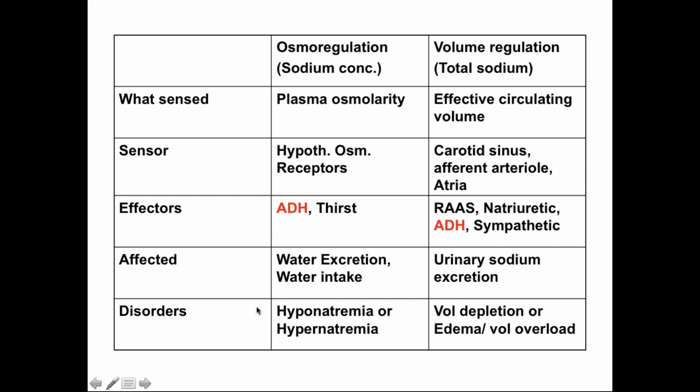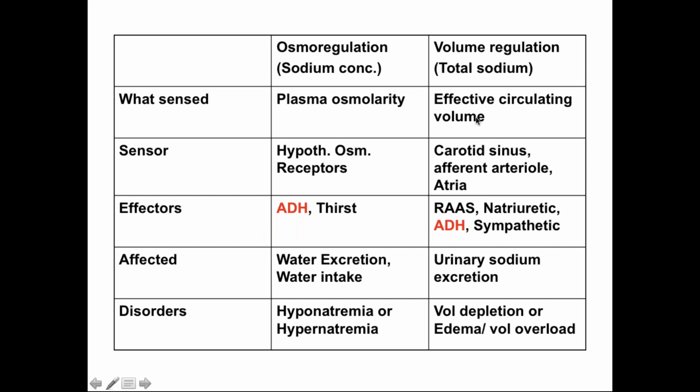The effect is a change in water excretion and water intake, and the disorders related to osmolarity are hyponatremia and hypernatremia. So the key thing to remember is that the body senses osmolarity and regulates it through water intake and water excretion. So hyponatremia and hypernatremia are water problems.